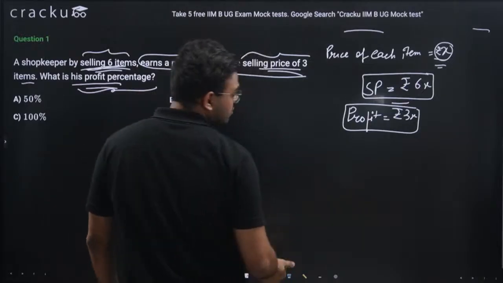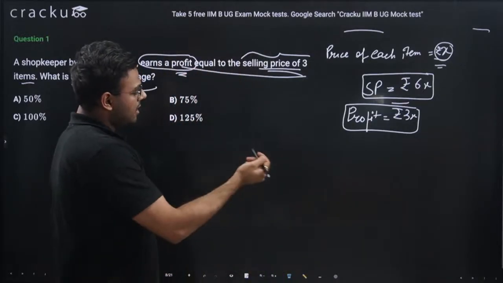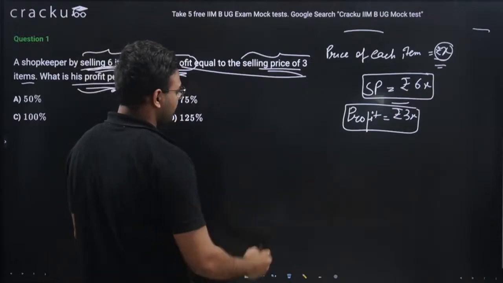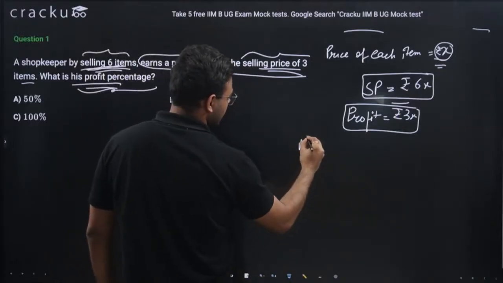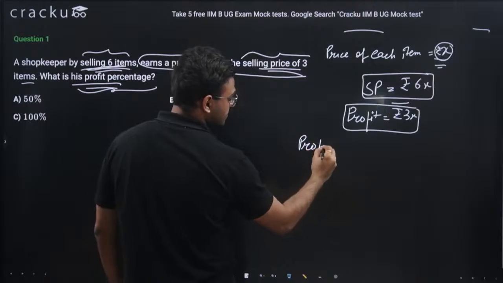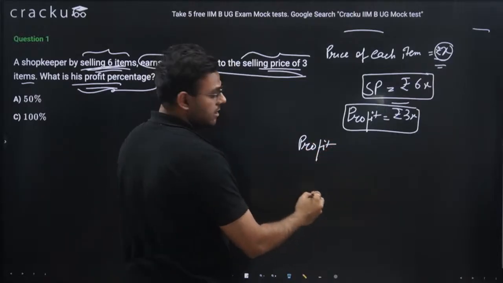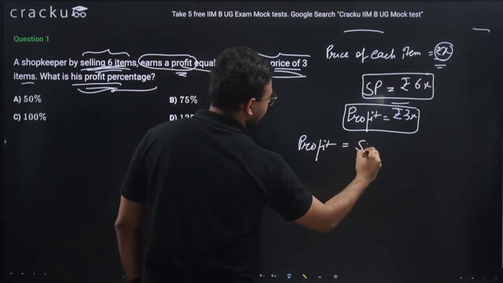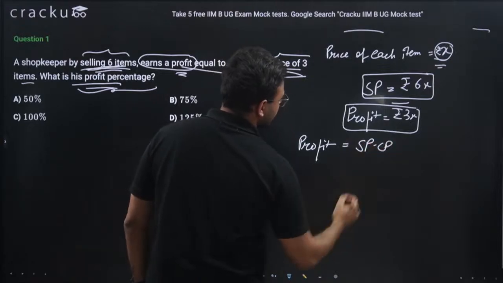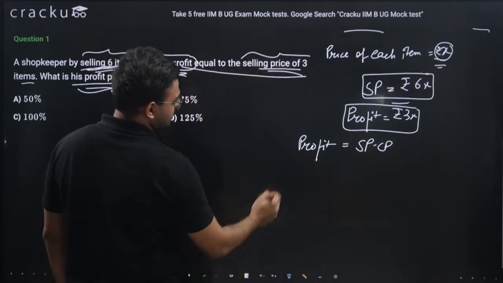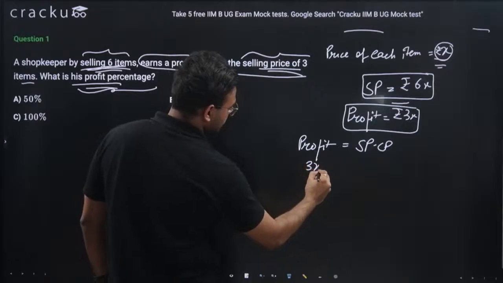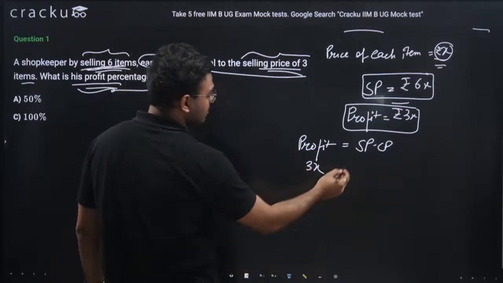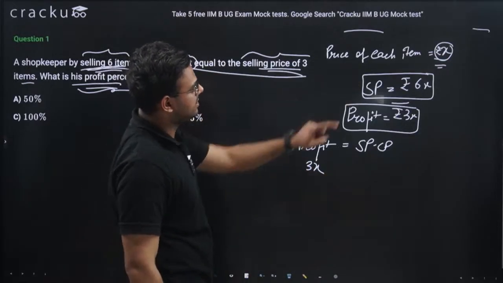Again, as I said, there is not much formula than this. We know the formula for profit. Profit is equal to selling price minus cost price. We know the value of profit. Profit is 3x. What is the selling price? Selling price is rupees 6x.